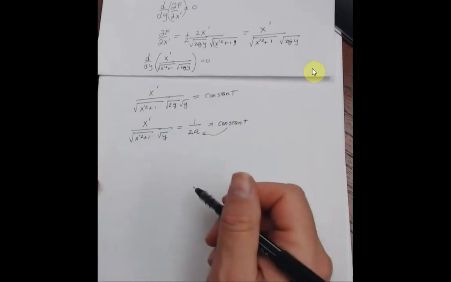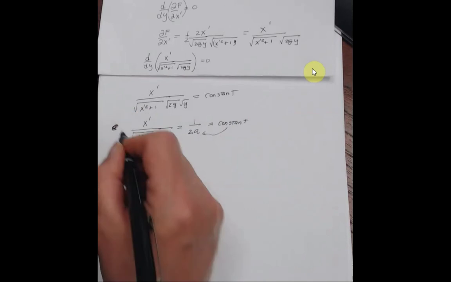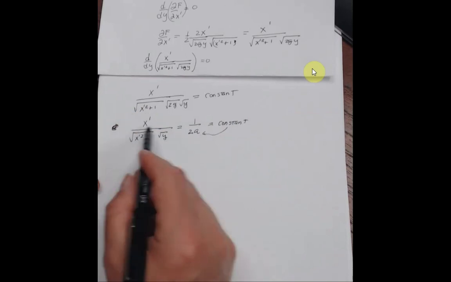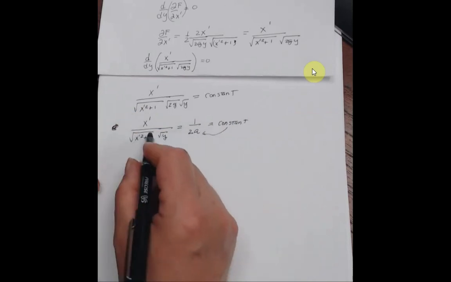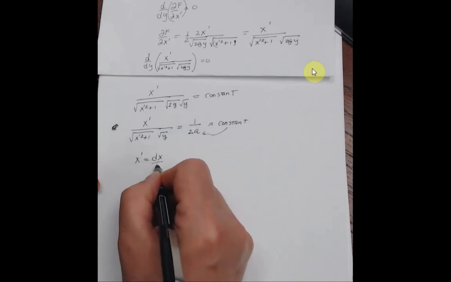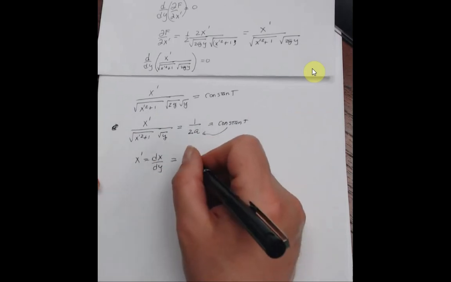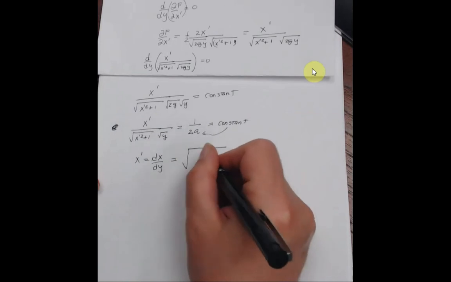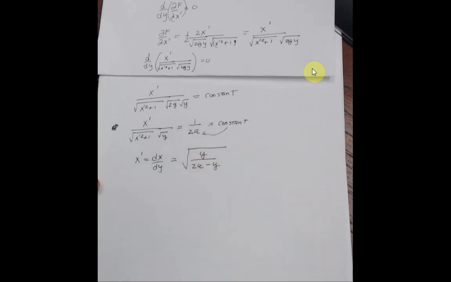Okay, so remember this comes from the Euler equation, and now I'm going to solve for x prime, which is dx/dy in this case. Once I solve for that, I won't go through the algebra, I'll let you do that if you want to check me. I get this.